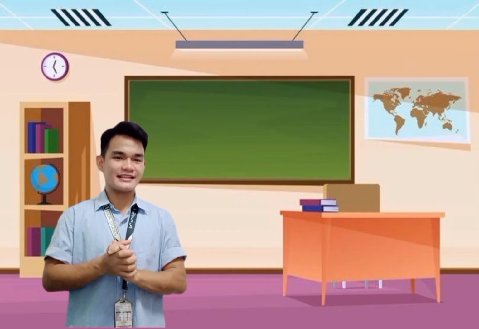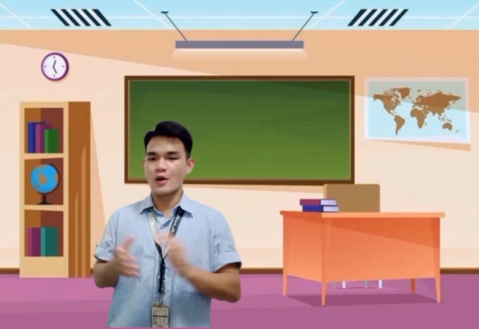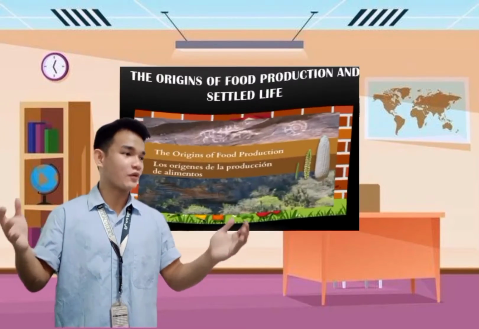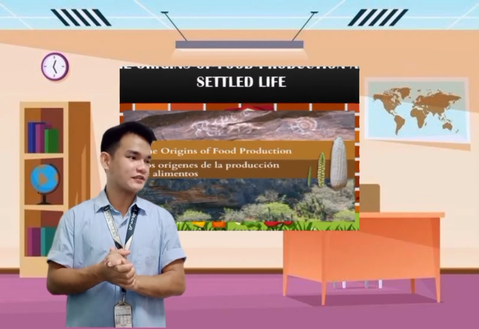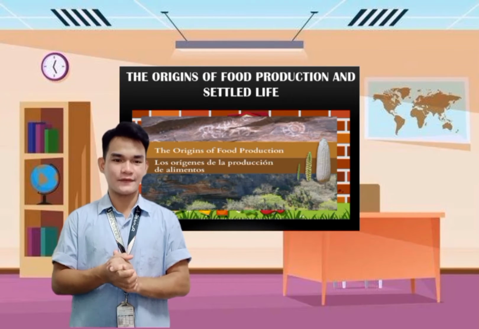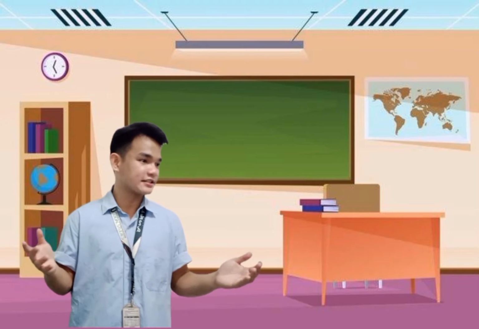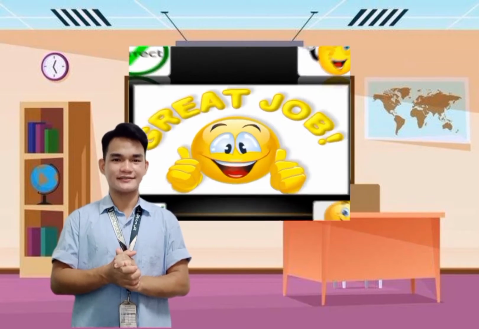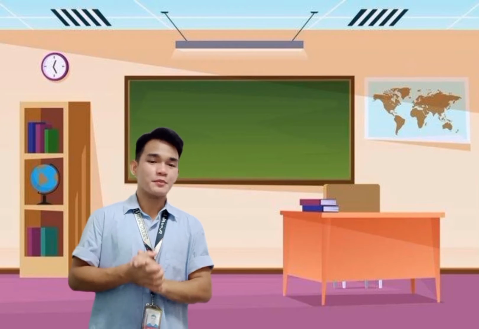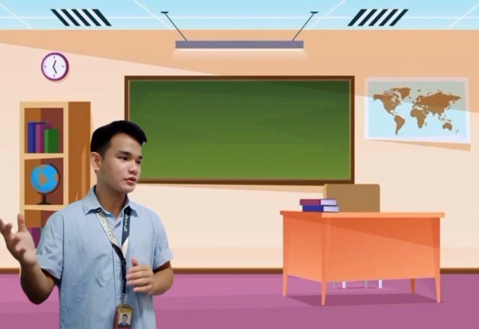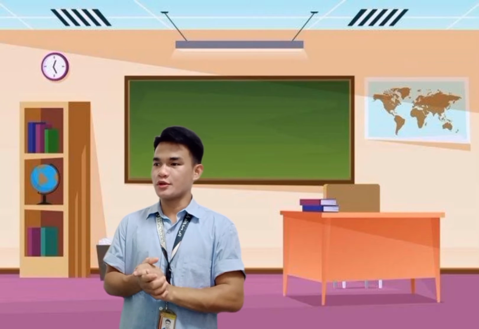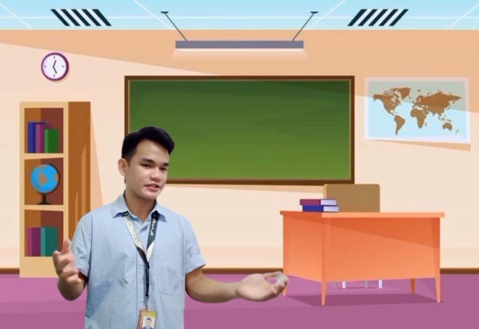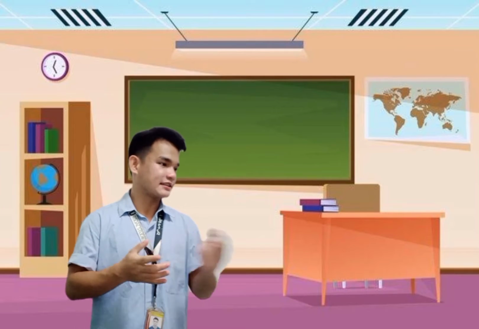Excellent, class. I see how you better understand our previous topic about the origins of food production and settled life. Do you still have questions regarding our previous lessons? Anyone? Okay, very good. Alright, now, before we finally proceed to our new topic for today, we are going to have a motivation first to give you an idea and knowledge of our next topic.